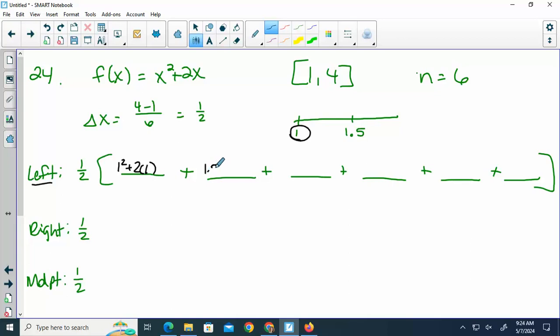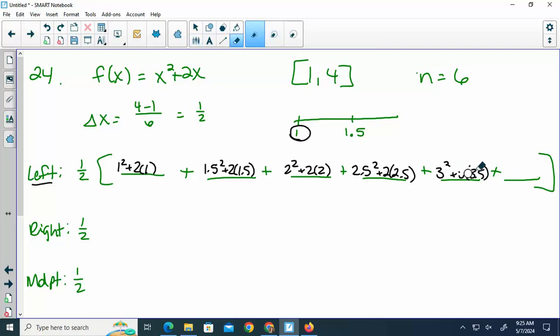So 1.5 squared plus 2 times 1.5. Add 0.5 and then we're at 2, 2.5, 3, and the last one is 3.5.